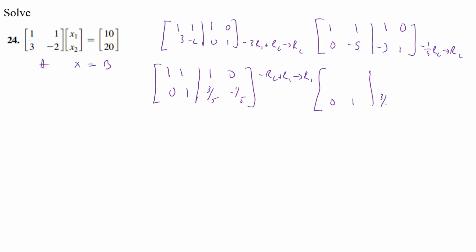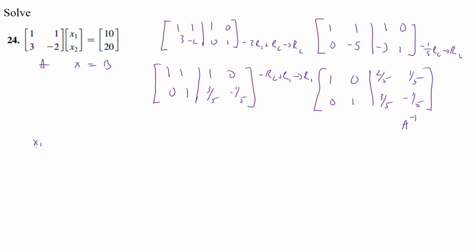Then we'll have 3/5, minus 1/5. Now 0 plus 1 is 1. Minus 1 plus 1 is 0. Now we have a minus 3/5 plus 1. So that's going to be a positive 2/5. And then we'll have a minus minus, so that's going to be positive 1/5. Okay. So this is our A inverse.